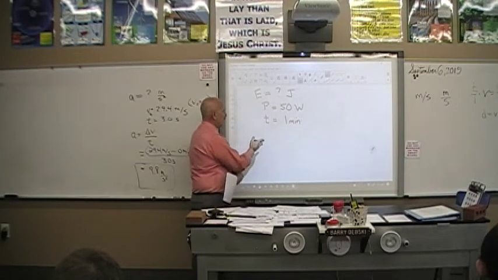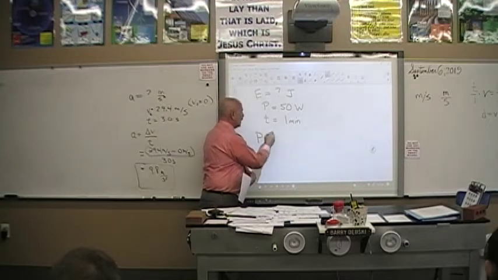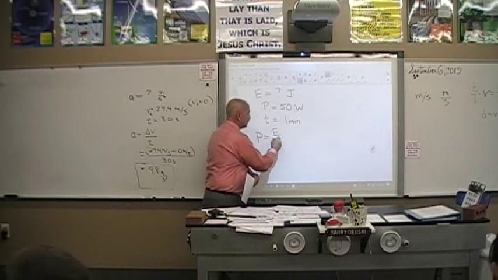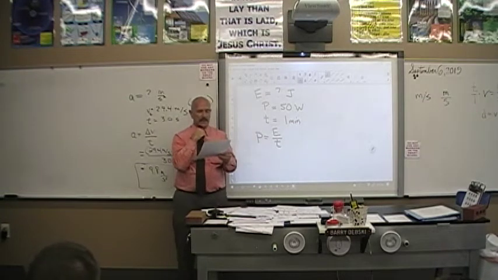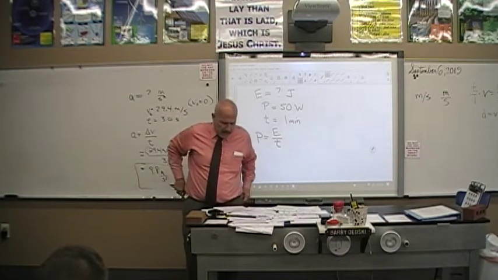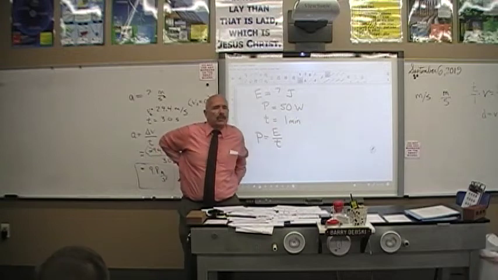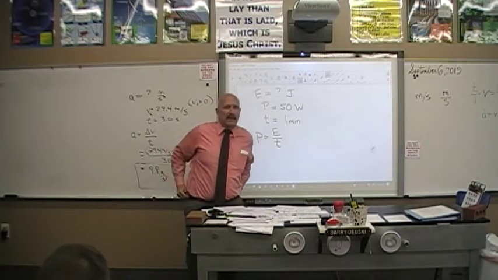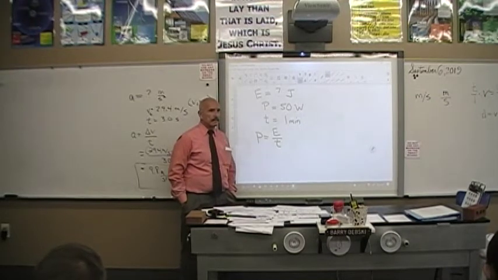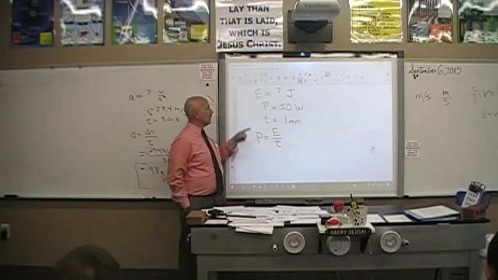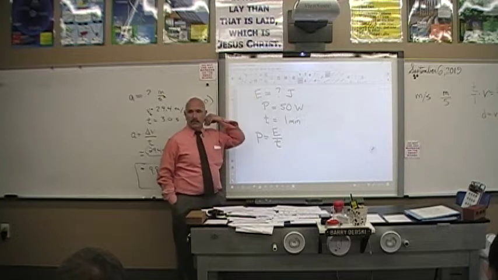Okay, the formula that's given, power equals energy per unit time. So we write down the formula. In this case, it's given to you. That's one that you may have covered last year, but I'm not sure you spent a lot of time on it, so I'd probably give it to you, or you could ask for it if I didn't. And we're solving for E. Somebody solve this for E for me.